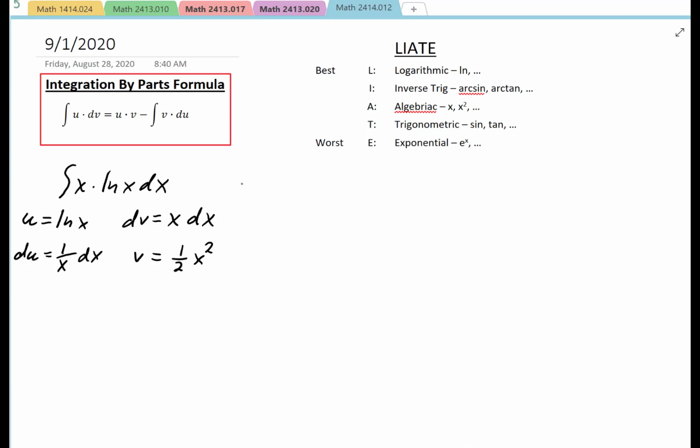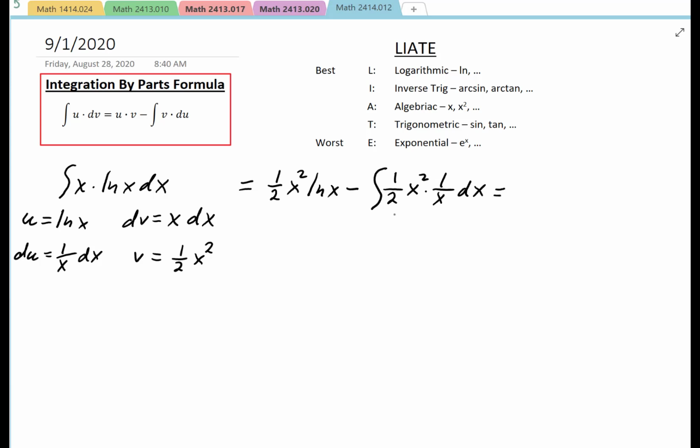Okay, now let's just plug into the integration by parts formula. u times v is going to be 1/2 x squared times the natural log of x, minus the integral of v times du, so 1/2 x squared times 1 over x dx.